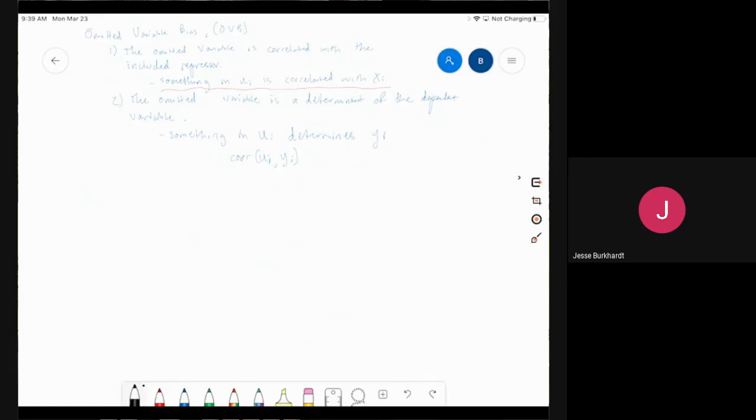Why does it matter? Well, we know it matters because it biases our coefficient estimates, but we can also write it in terms of our assumptions for OLS, ordinary least squares. What were our assumptions before?